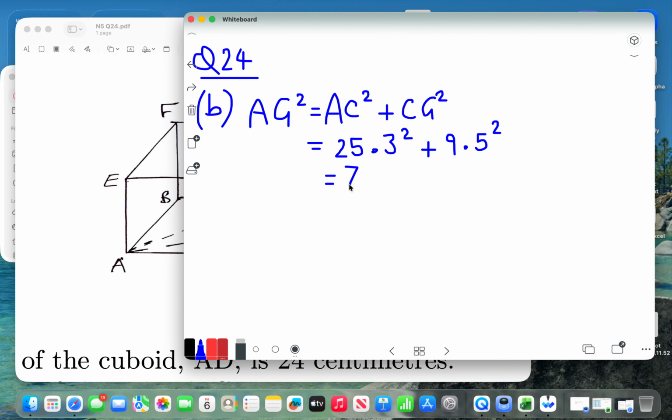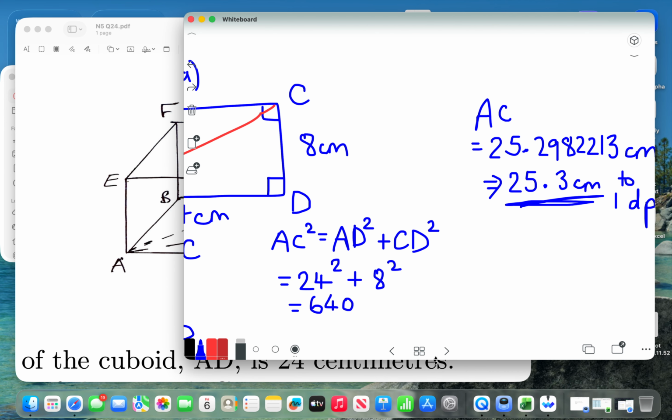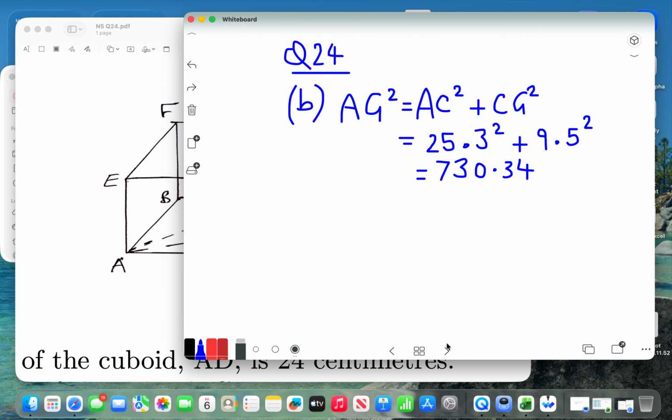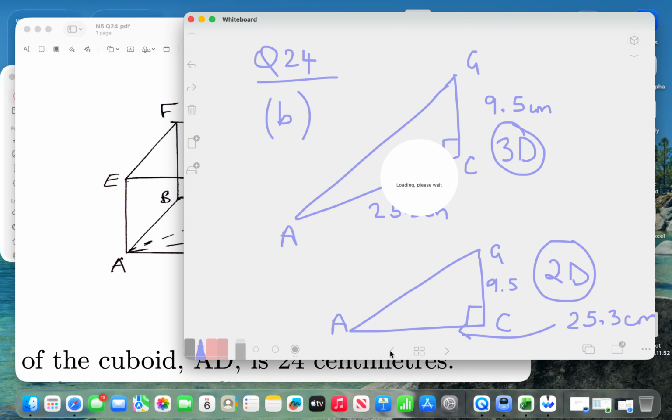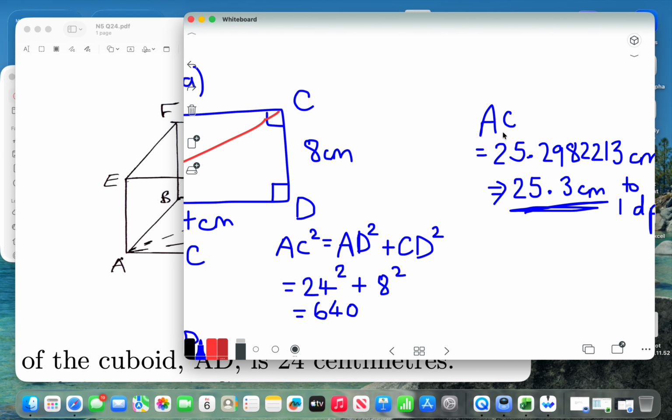That's 730.34. And we go back, it's very similar to what we did in this one. We take the square root, and you see it's again very similar to this.